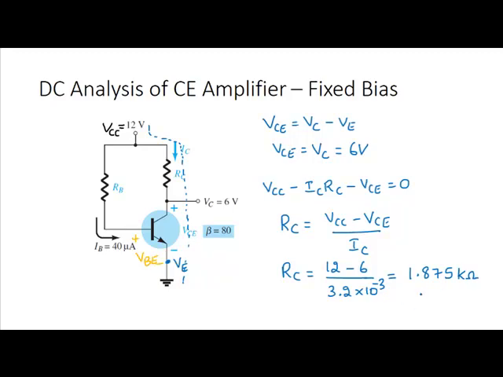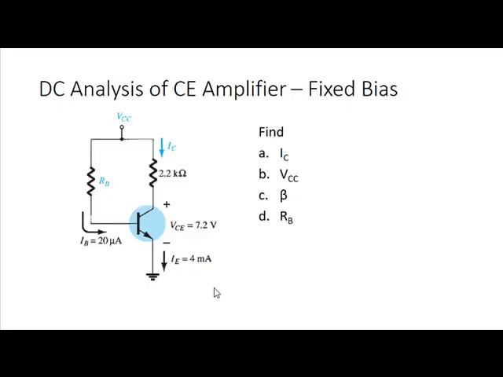So I found out all the values that are required. In yet another example related to DC analysis of fixed bias common emitter amplifier, the circuit diagram is given and we are expected to find the collector current, the DC supply voltage VCC, beta of the transistor and the base resistance RB.